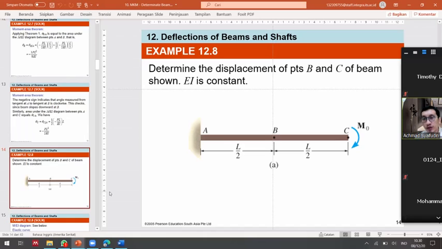It will produce pure bending because the load is a bending moment, with uniform material and EI constant. So what is the displacement of points B and C? The previous example was only about the angle, but now we consider the displacement.